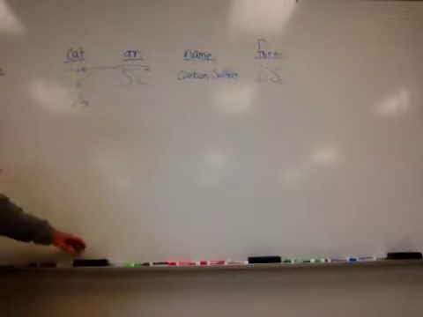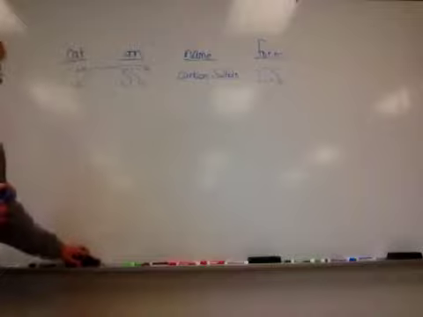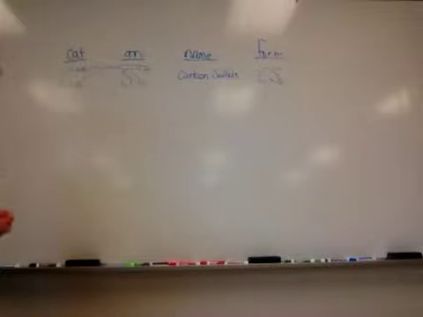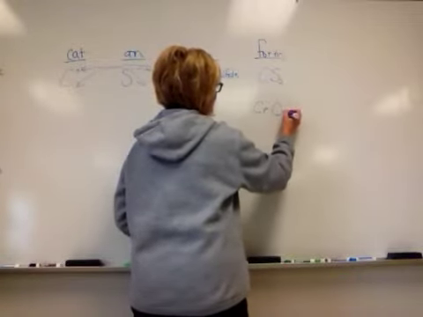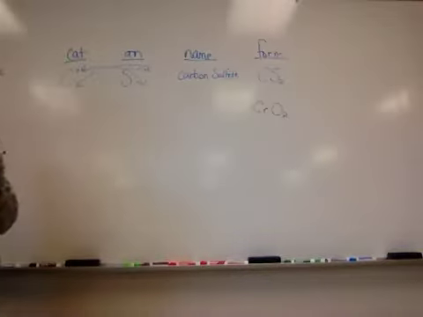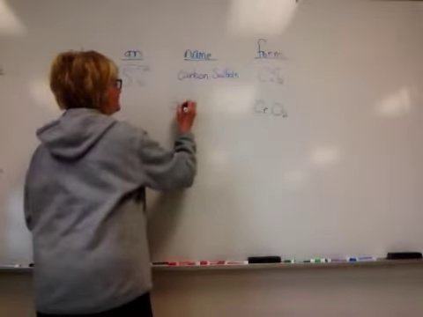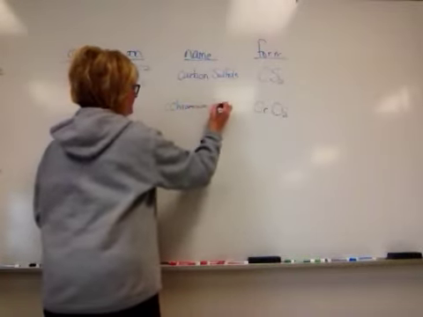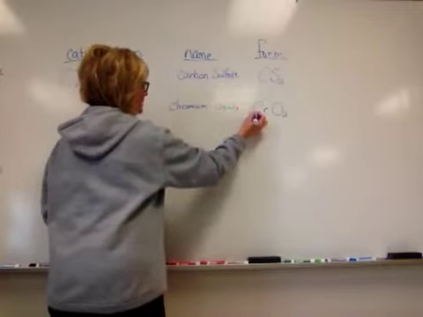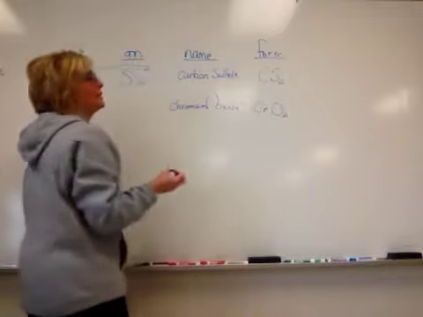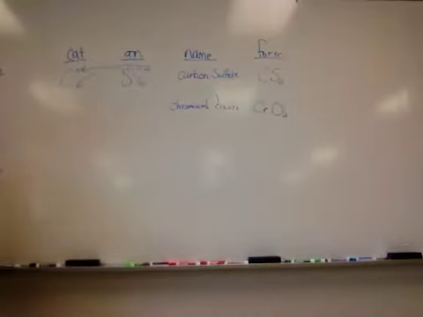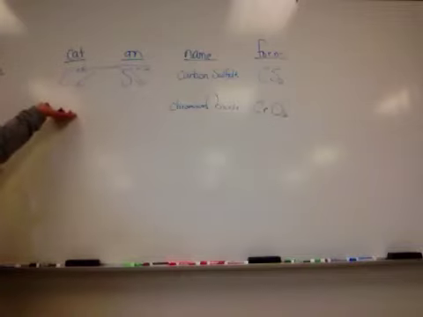And then let's do one more where we don't know the charges. I'm going to give you the formula, CrO2. Okay, what's the name of it? Chromium oxide. What do I know about chromium? Transition metal. So I'm going to need parentheses. And it's not telling me the charge, so I have to figure out the charge.